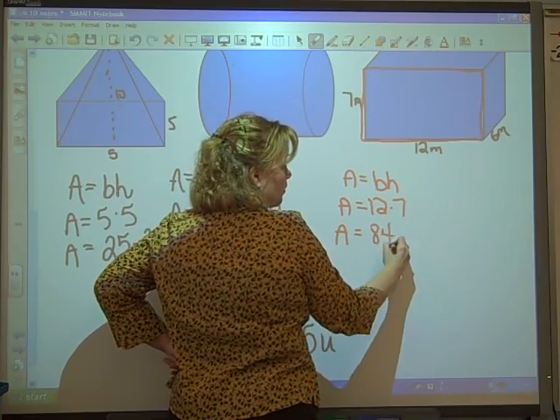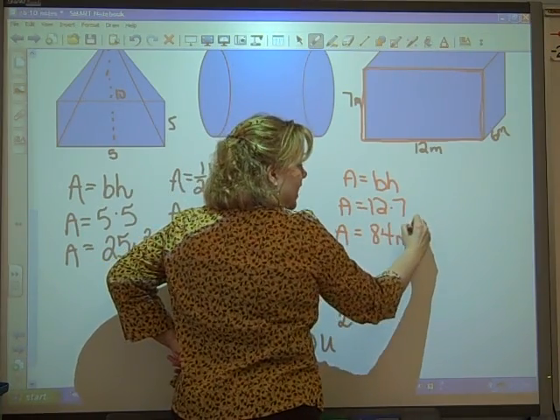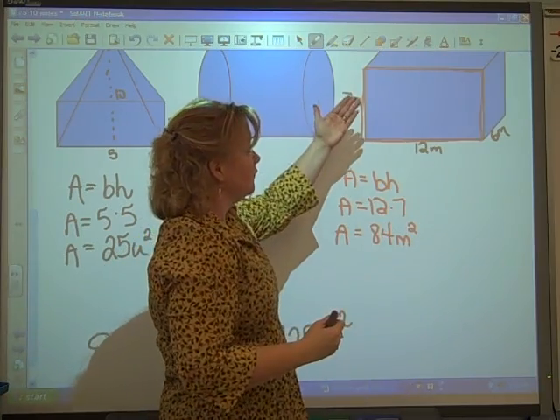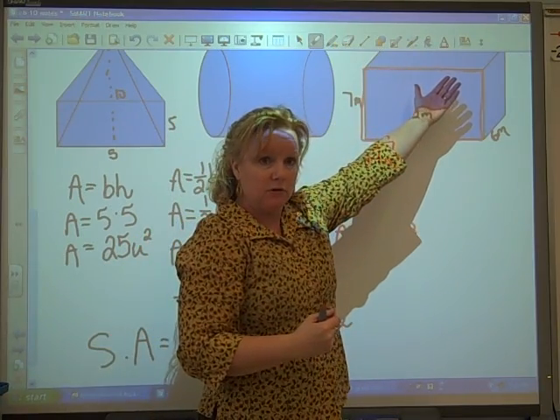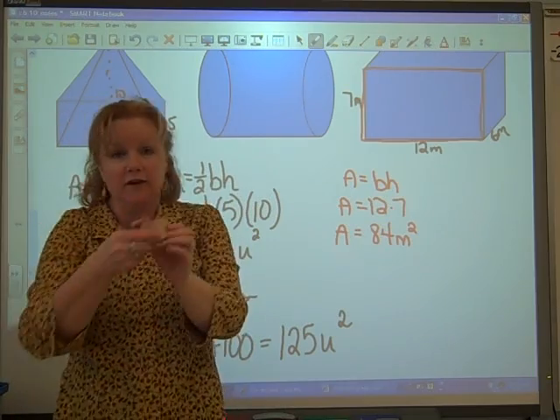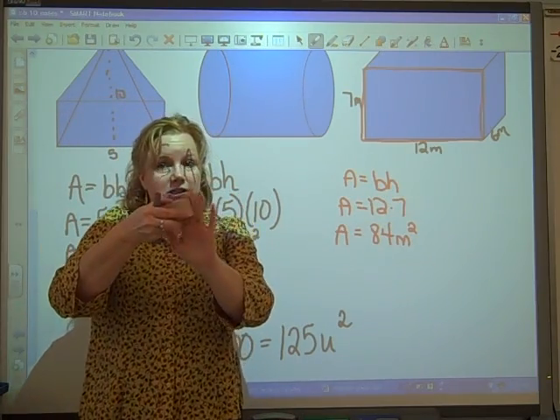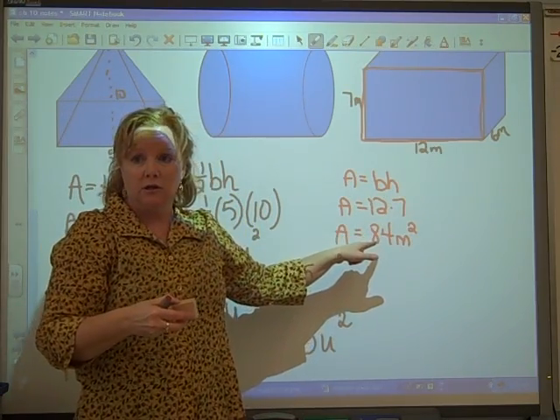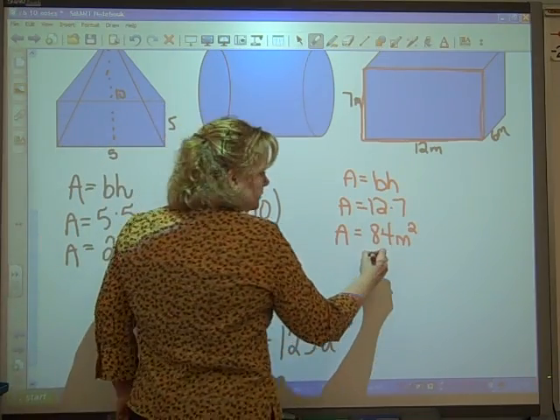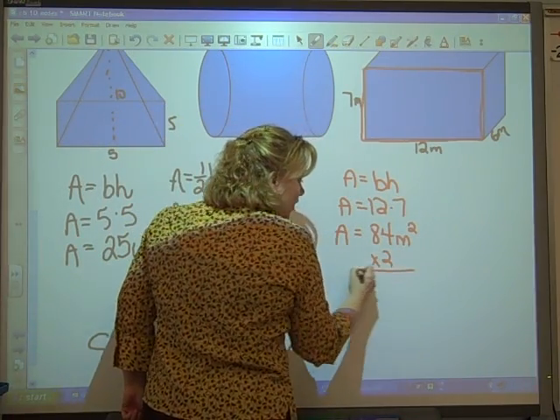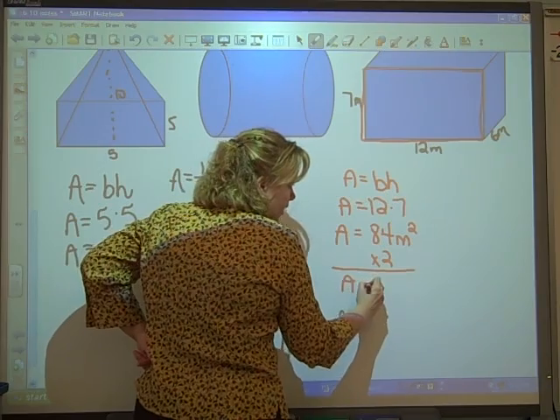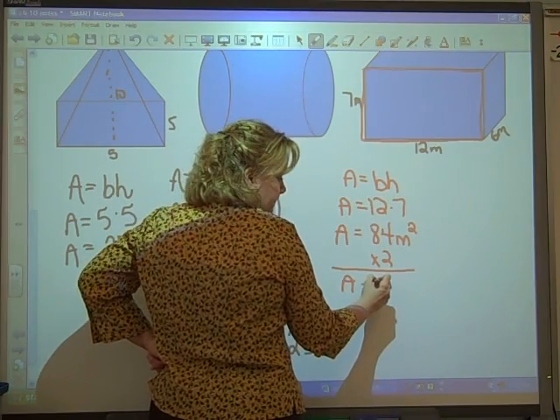Okay, so 84 what? Meters squared. Okay, now, do you agree with me that my front and my back are the same? Yep. So, in that case, I found this. This is the same. What am I going to do with this? Times 2. I'm going to multiply by 2. When I do that, what do I end up with? 168.